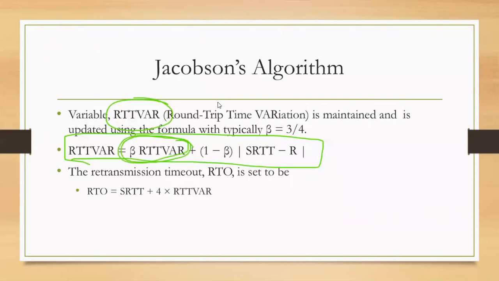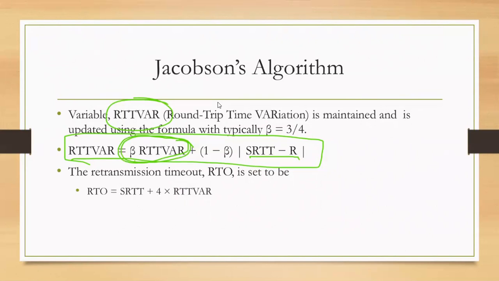The value of RTTVAR is updated as beta into the previous value of RTTVAR plus 1 minus beta into the absolute value of SRTT minus R. What is the difference between the computed SRTT and the actually observed RTT?